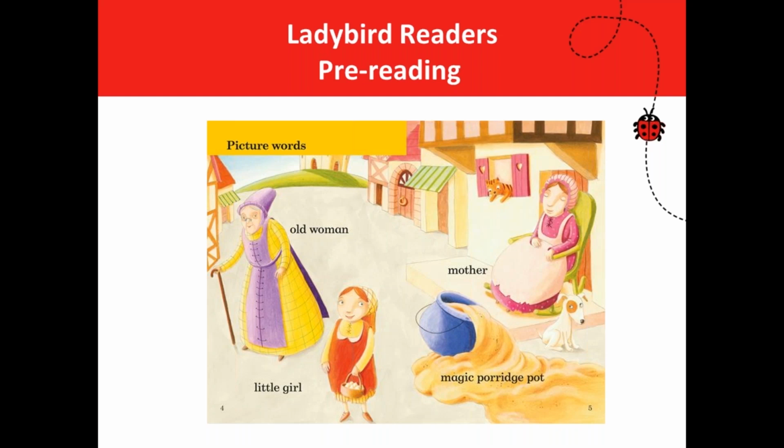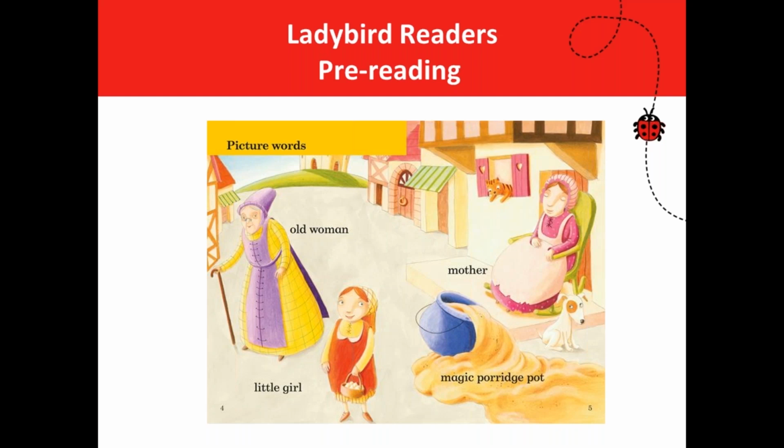What we also have within Ladybird Readers is that all of these picture words are also available as flashcards, which you can download from our website. So again, you can keep using those and keep coming back to them within the story. One of the things that you can do is introduce those into games as you are reading along, again, to ensure that the children have understood vocabulary and understand what those mean.